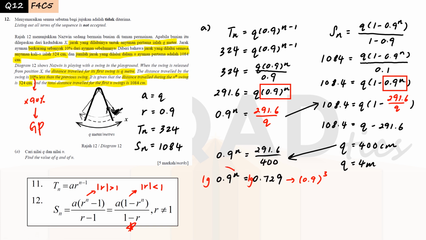So the n, I'm going to move it to the front, because it's one of the formulas that we used in the previous question just now. Alright, so this log 0.9, I'm going to move it to the other side. So it would be something like this. Okay, and once you type this into calculator, you can also get n is equals to 3. Okay, so there can be more than one way to do this.